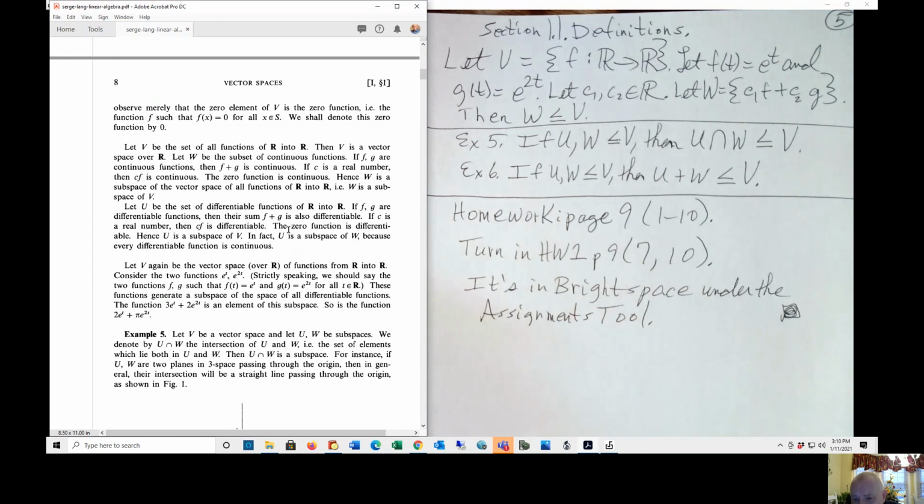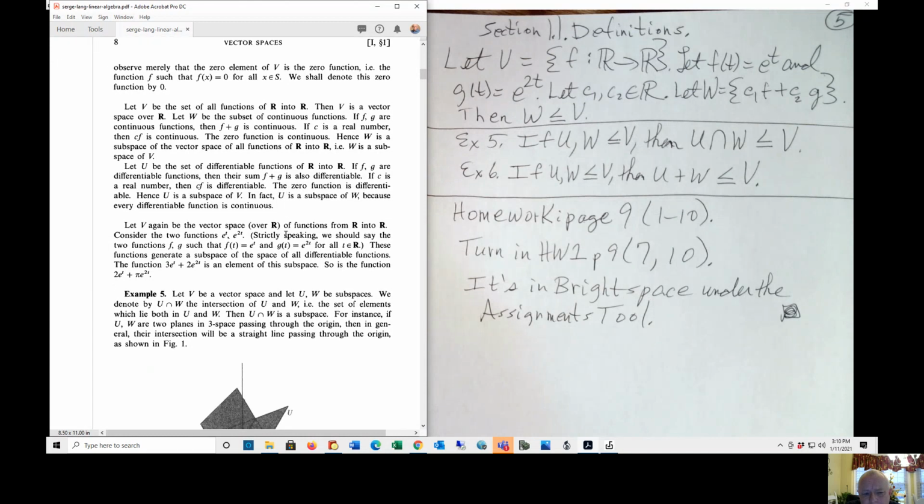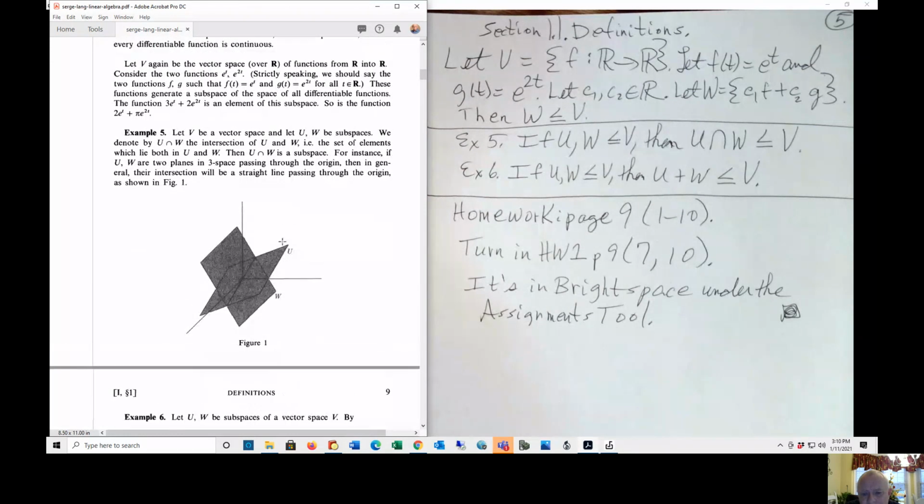Now, examples 5 and 6 are a part of your turn-in homework that would be due on January 27th in the assignments tool in Brightspace. But example 5 tells us that if U and W are subspaces of V, then the intersection of U and W is a subspace of V. Notice the picture on the left side of your screen.